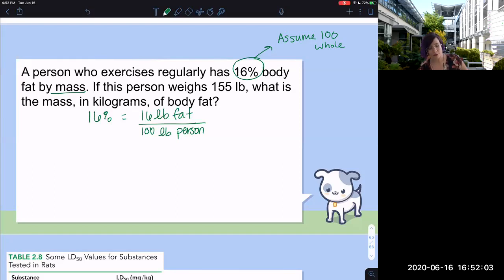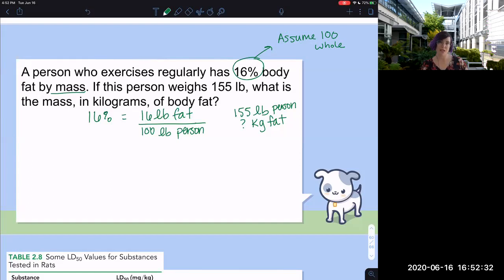If I have 155 pounds and I want to know what is the kilogram of fat here. This is the person. And this is important because you can accidentally find, if you don't do this correctly, and this is also an important question in dosing, if I don't do this correctly, I will figure out how many kilograms 155 pounds of fat is.